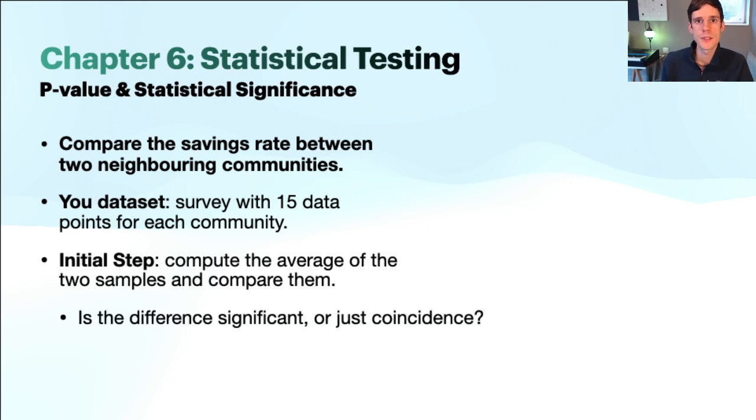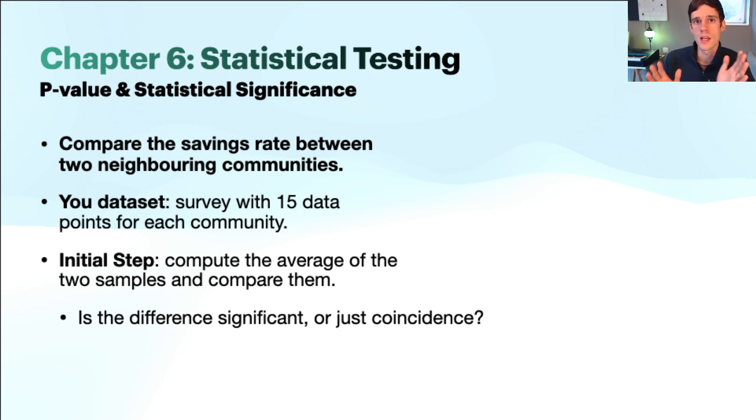Now the very natural initial step that you would do, of course, is to take your sample data and for each community compute the average savings rate of these 15 data points. And then compare these two averages and see whether they are indeed different or not. Now, chances are very large that they are indeed different. For each of your two sample sets, you will get a different average savings rate.